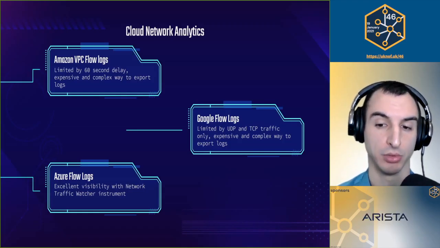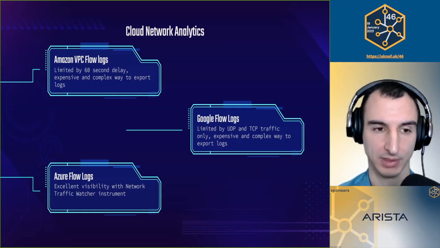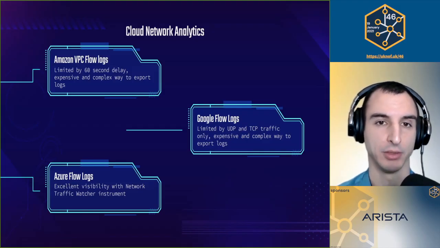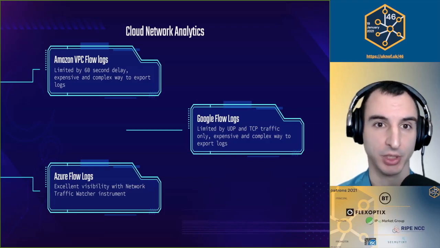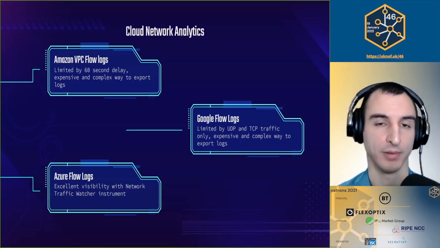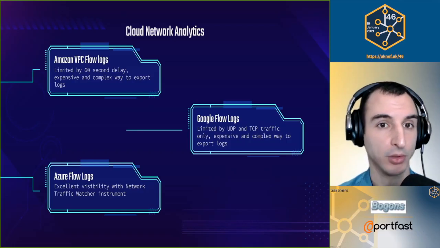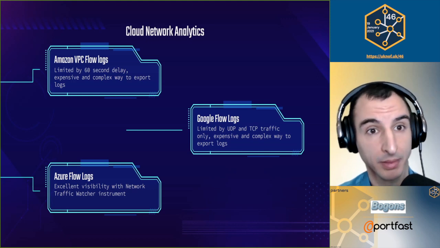But one of the main issues for Google, and Google, please fix it: you have no visibility for non-TCP and UDP protocols. So if you experience a GRE DDoS attack, it will not be reflected in any way in your telemetry. It's really a big issue because it's quite a common type of attack. And it may be a new protocol which will be used as a vector for DDoS attack, like maybe BGP.